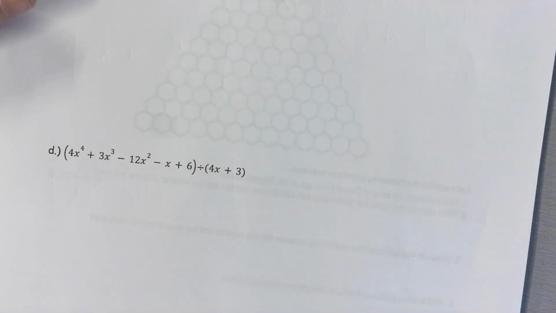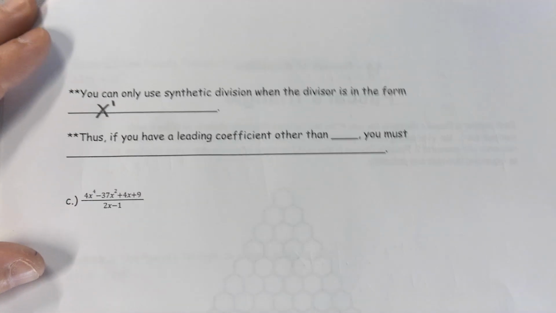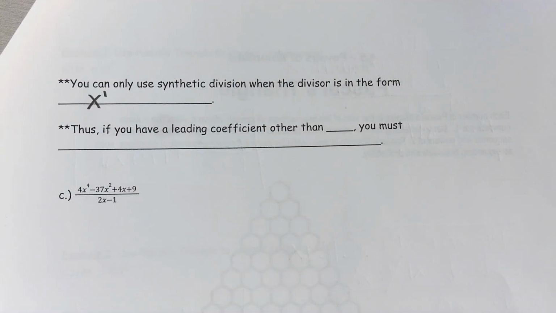All right. So the only bummer is that you can only use synthetic division when you have x to the first as your spot in the divisor. So if you had x squared or x cubed or something else, we can't divide using this method.